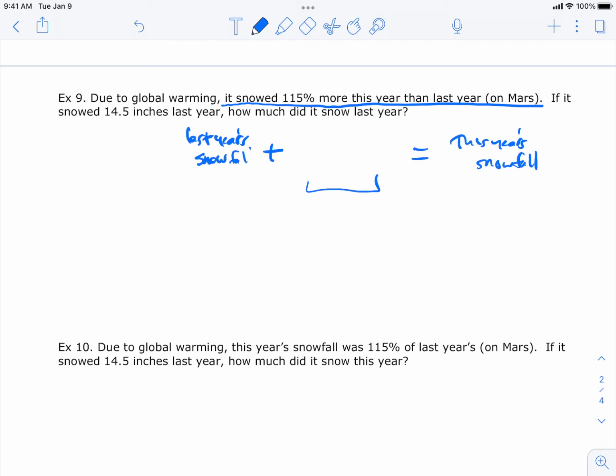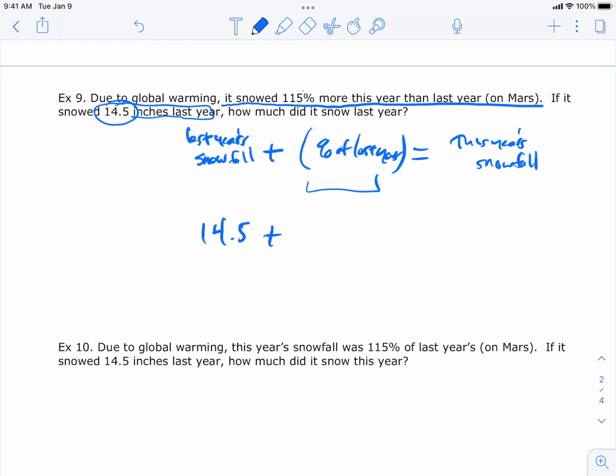And this is a percent of last year's. That's how these percent changes work. It's a certain percentage of what you started at. It's always of what you started at. So can we hang some numbers on this now? We can hang the 14.4 inches last year. Oh good, that goes over here.